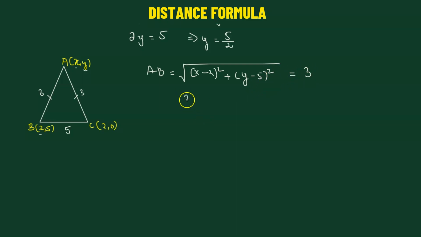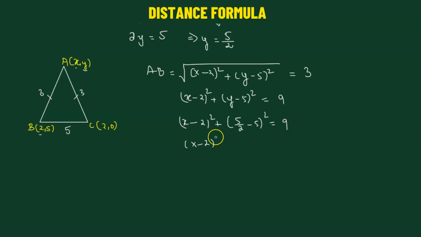Now squaring both sides, we get (x minus 2) whole squared plus (y minus 5) whole squared equals 9. Let's keep (x minus 2) whole squared as it is, and in place of y, we replace it with 5 over 2. So (x minus 2) whole squared plus (5 over 2 minus 5), that's going to be negative 5 over 2, whole squared equals 9.